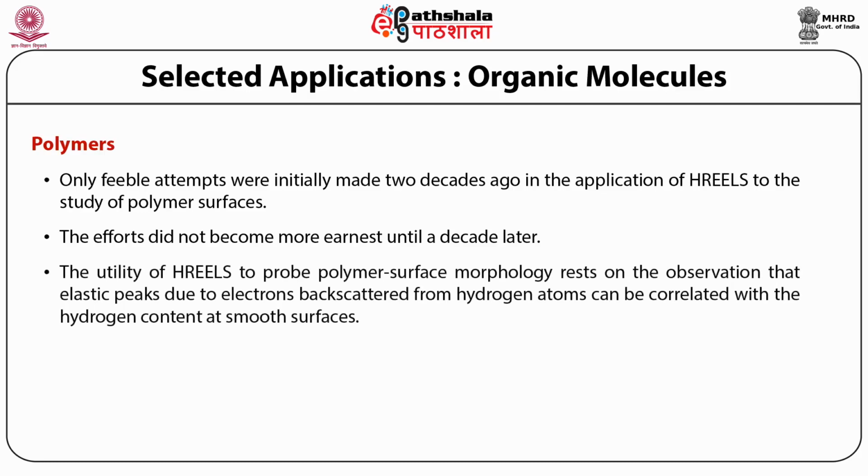The utility of HREELS to probe polymer surface morphology rests on the observation that elastic peaks due to electrons backscattered from hydrogen atoms can be correlated with the hydrogen content at smooth surfaces.